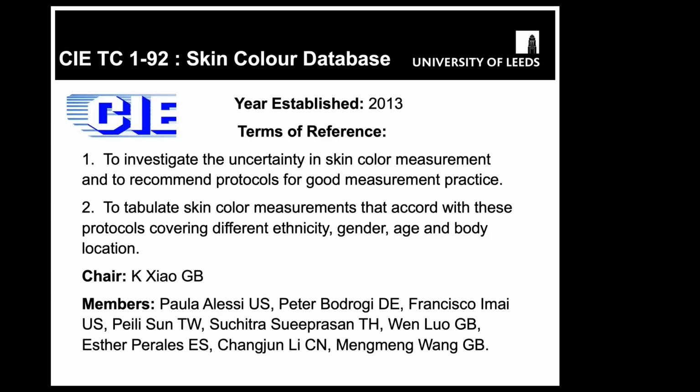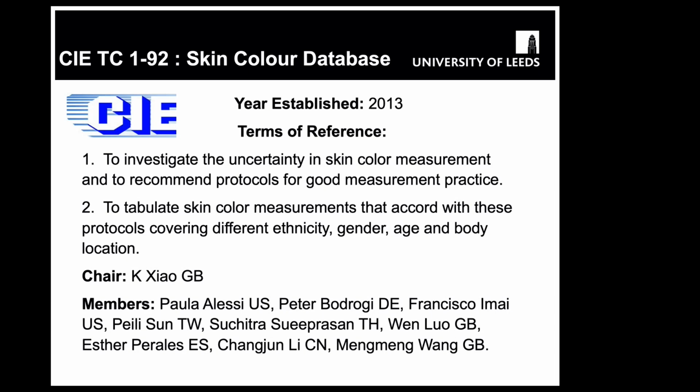Okay, so in terms of the work we conducted, it's to collect a skin color database. There are two aims. First, we try to investigate uncertainty in skin color measurement. In other words, what kind of instrument should be used for skin color measurement, and what kind of parameters should be used. Then we try to recommend a protocol for good measurement of skin color. Secondly, we try to collect a useful skin color database.